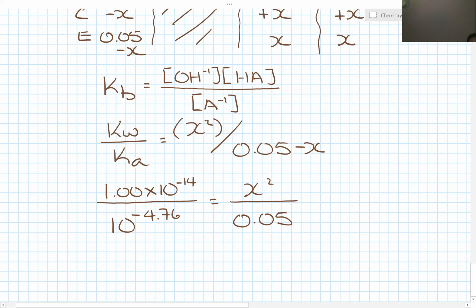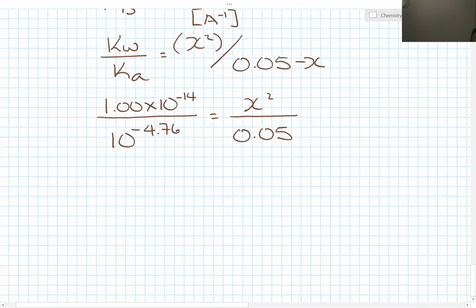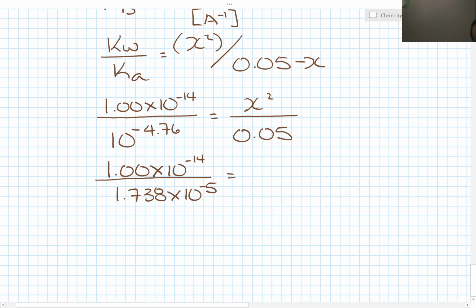So you solve it. 10 to the power of negative 4.76 is equal to, let me just work this out here, 1.00 times 10 to the negative 14 divided by 1.738 times 10 to the negative 5 is equal to x squared all over 0.05.